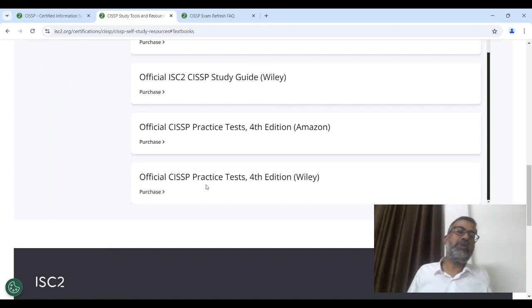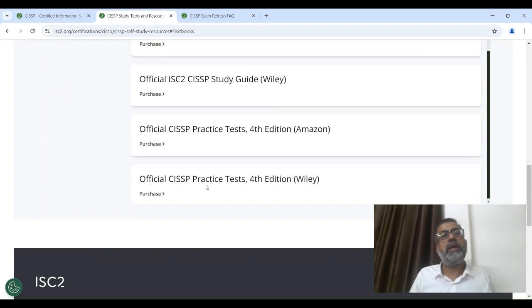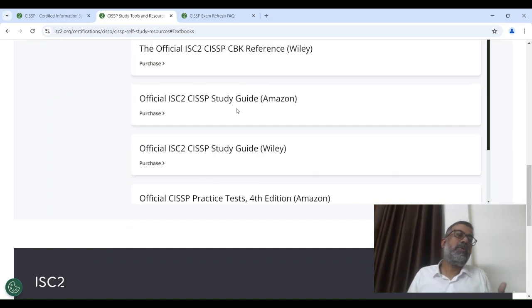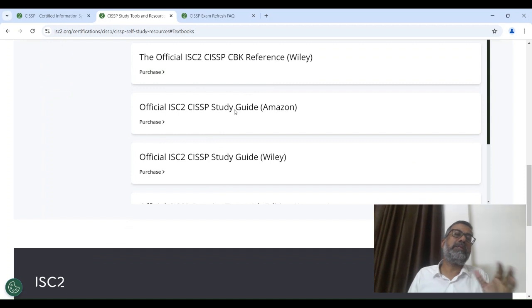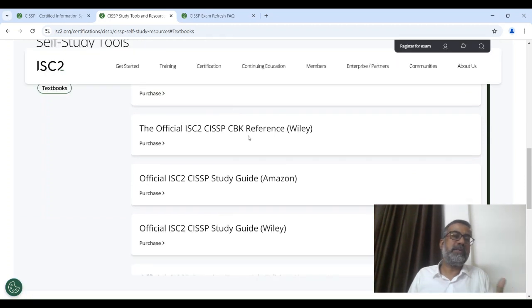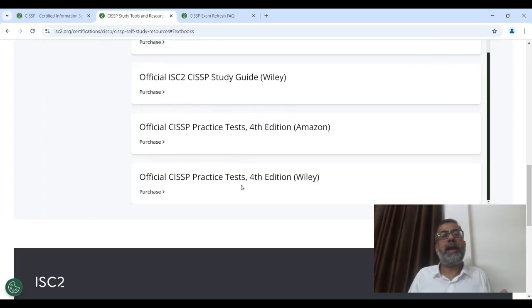Please see that this is the fourth edition. There are study guides. So one is the textbook, which is a kind of reference textbook, and there are practice questions, the practice test. They are not the actual exam questions, but definitely, since it is an official practice test, it helps us in creating the right mindset.